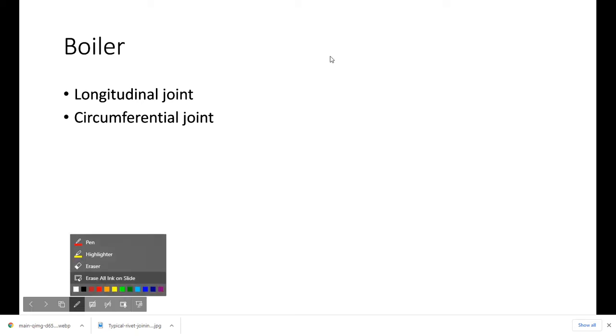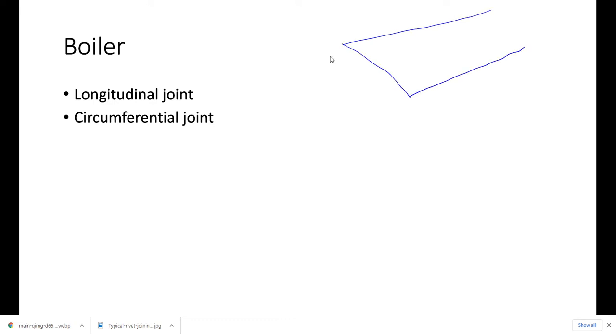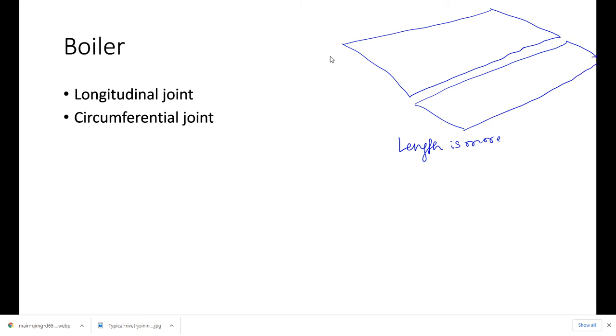To fabricate or manufacture a boiler, you need a sheet. Suppose the length is more, you need to add some more sheets here. If the required boiler length is more, you need to add one more sheet, right?